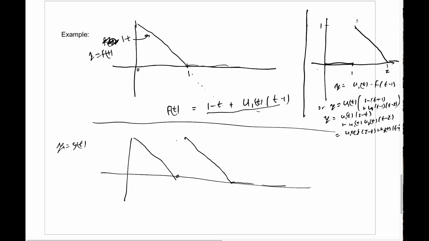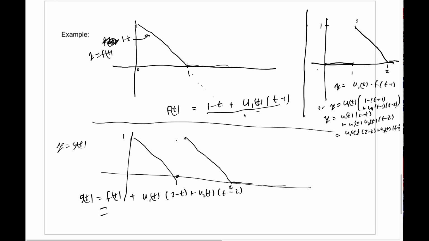Now let's look at how we could represent this function y equals g of t, whose graph looks like this. There's 1, there's 2, it goes to a height of 1 here. This function g of t is just exactly f of t plus the function over here to the right, which is u sub 1 of t times 2 minus t plus u sub 2 of t times t minus 2.